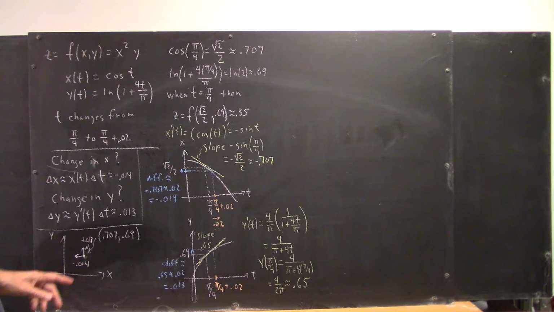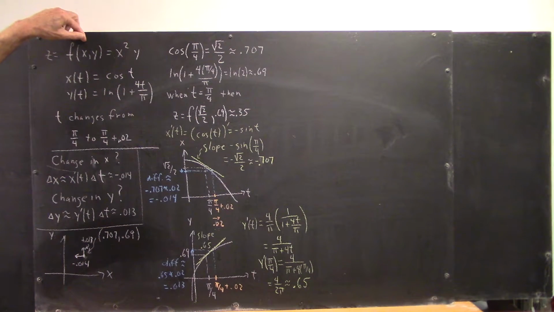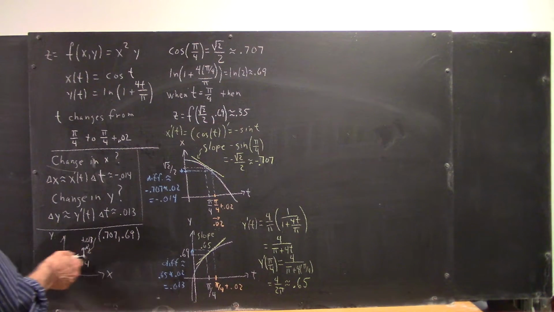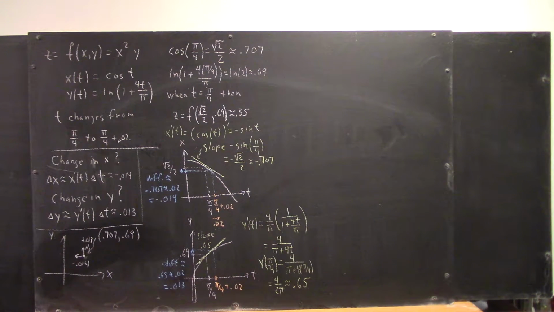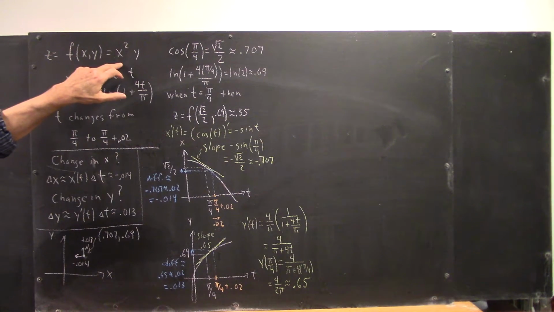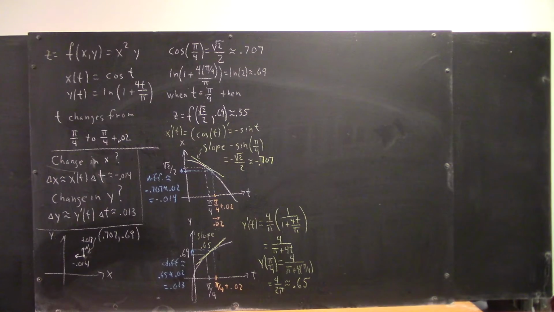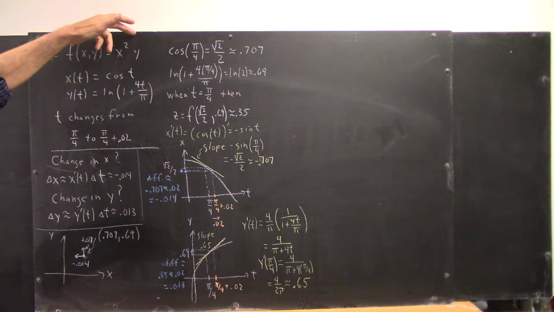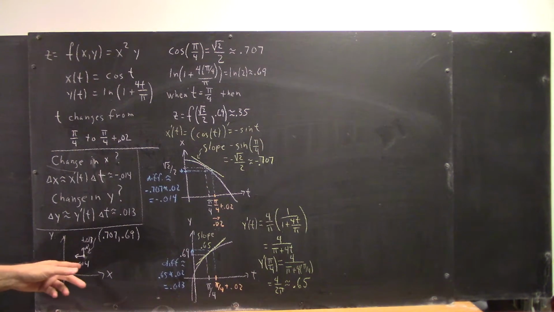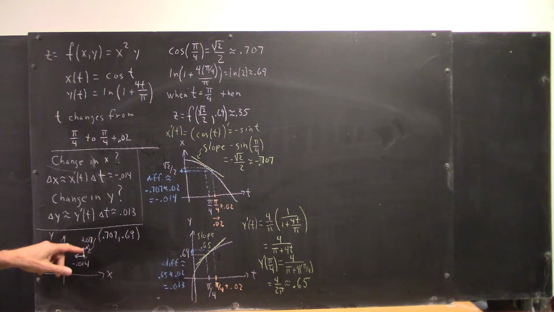The partial derivative of this function with respect to x tells us the rate at which the value of the function changes for a change in x. Okay, so that ratio of the change in z per unit of change in x. And similarly, the partial derivative with respect to y is the rate of change of this function with respect to y when x is held steady, when x is held constant. And that would correspond to what goes on with this change in y. Okay?